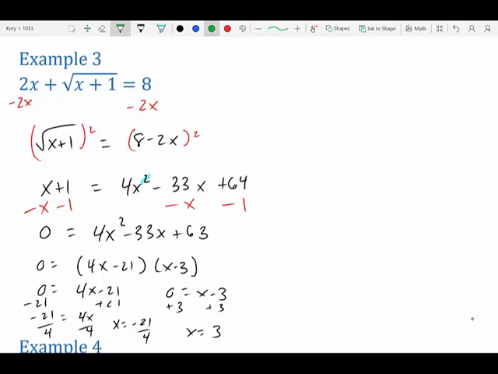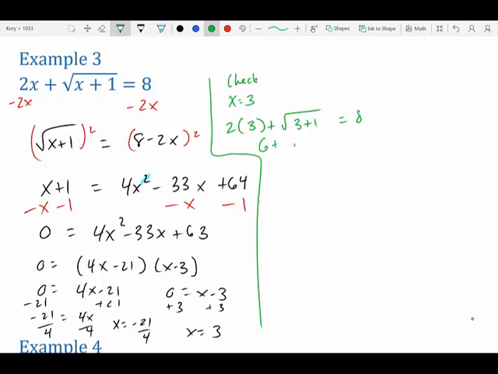So we need to check our answer. Obviously, I'm going to check x is 3 first because that's the easy one. So we have 2x, which is 3, plus the square root of x plus 1, so 3 plus 1 equals 8. So now we have 6 plus the square root of 4 equals 8. So it's 6 plus 2 equals 8. And that does indeed check out, so x equals 3 is a solution.